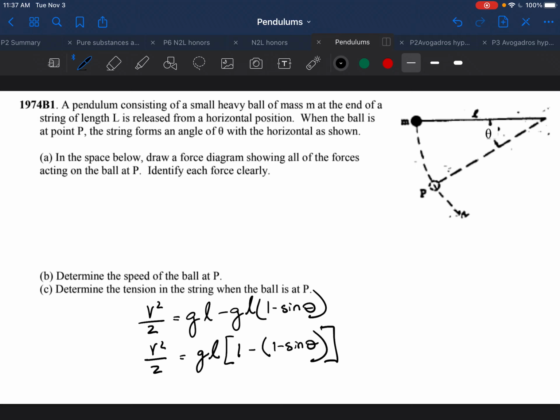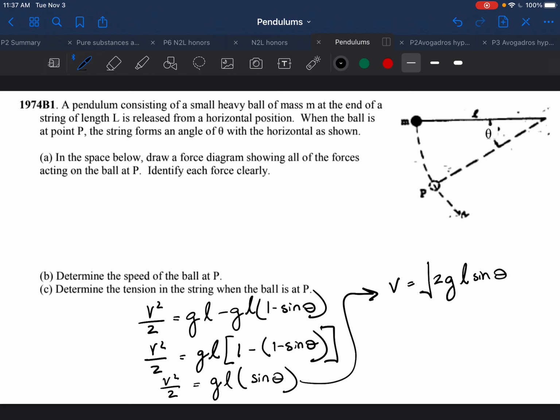So let's see, if you distribute the minus here, the 1 cancels, so you get v squared over 2 is equal to gL sine theta, or that v would be the square root of 2gL sine theta.